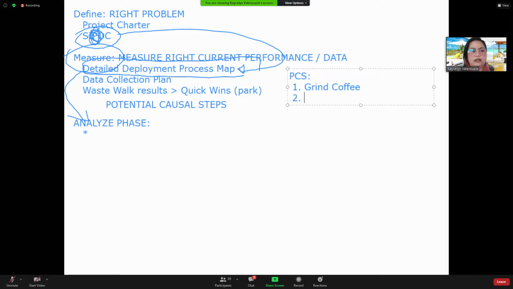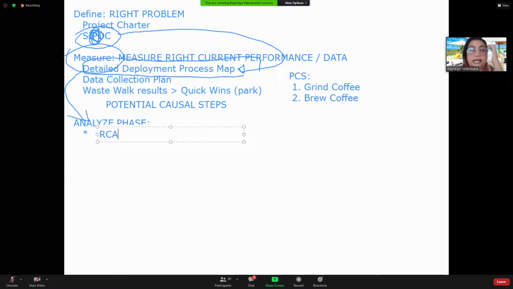And then, ang dinala natin is what? Brewing. Okay, brew coffee. For example, yan yung potential causal step na galing sa measure phase. Dinala natin sa analyze phase. So, dito sa process steps na to, ito yung i-focus natin when we perform the analysis. And the analysis starts with what? RCA.